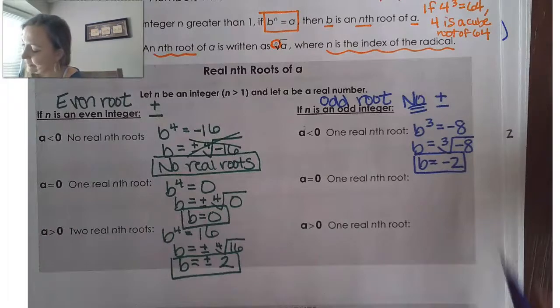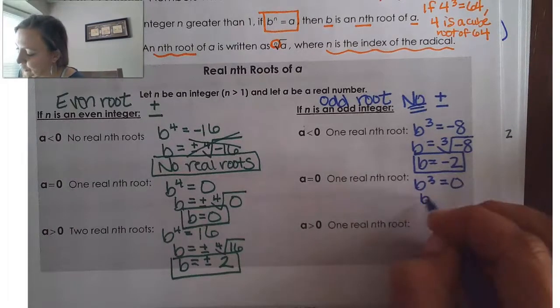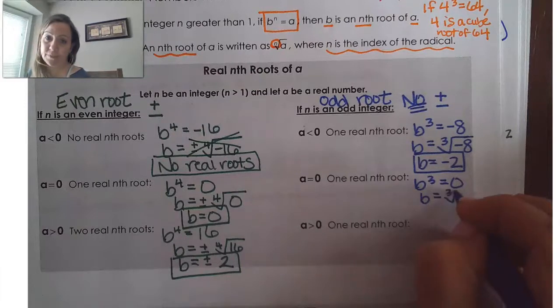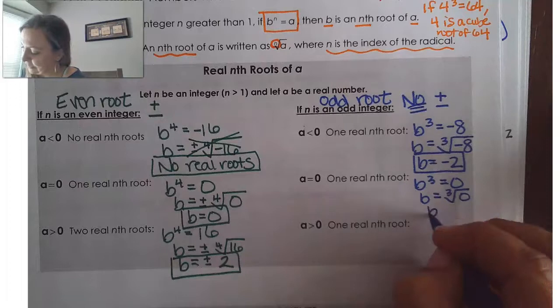Once again, if it's 0, to get rid of the cube, we would just take the cube root, and the cube root of 0 is just 0.